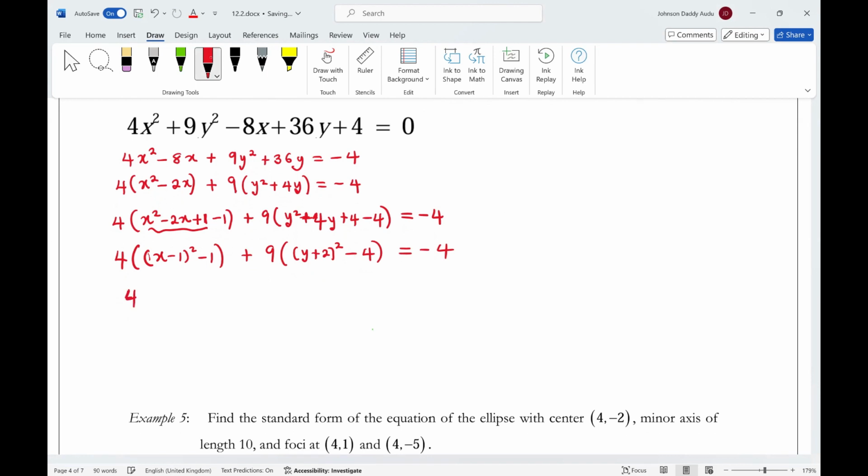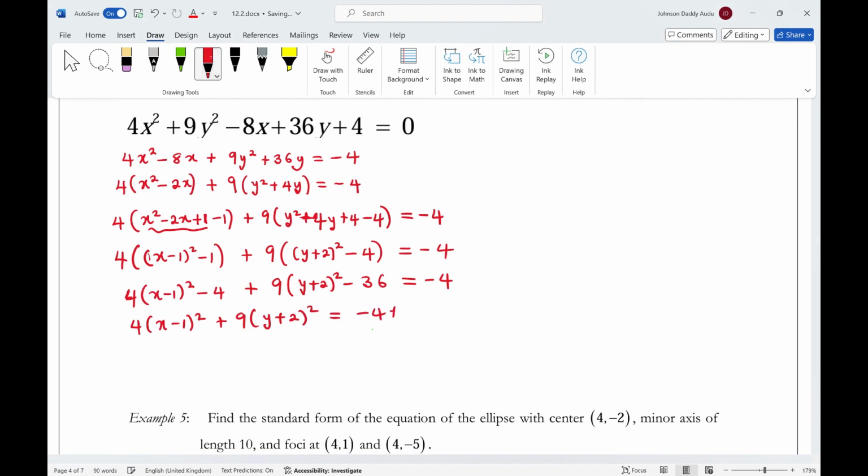Now we are taking the 4 and the 9 inside, so you have 4 times x minus 1 squared, minus 4, plus 9 times y plus 2 squared, minus 36, equals minus 4. And now we have 4 times x minus 1 squared plus 9 times y plus 2 squared equals minus 4.